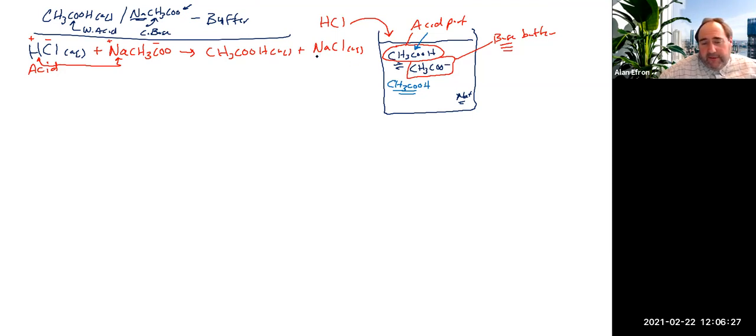We also produced some sodium chloride, which would put some more sodium ions in there. Sodium is a neutral salt, not going to mess the pH up. And we produced some chloride ions, also a neutral salt, not going to mess the pH up here. So when we look at what we produce as a result of this reaction, by the way, you always do this: you always produce the other part of the buffer.